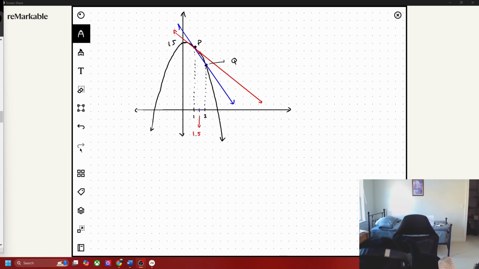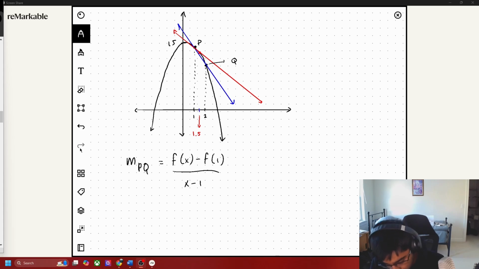So for solving for MPQ, you would remember that it's just f of x minus f of 1, because that's what we're solving for, over x minus 1.